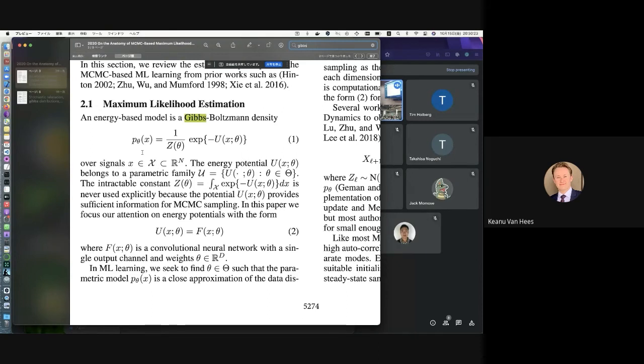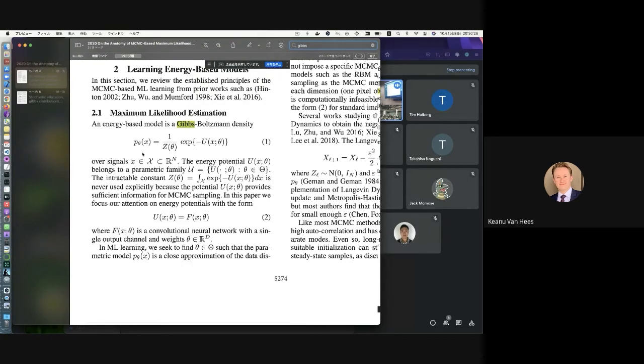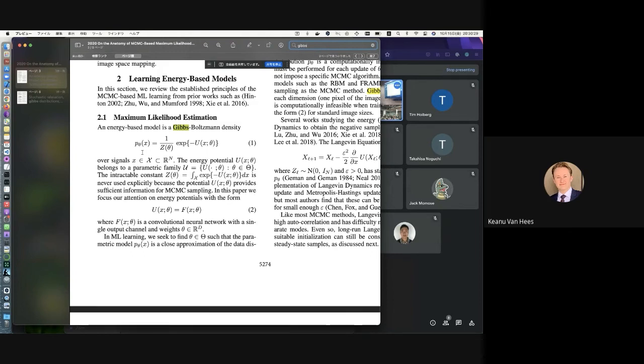The Gibbs-Boltzmann density is where the idea comes from in the original part of the paper. Well, you need to construct a probability distribution, then you need to parameterize it. And the way they parameterize it is by following the Gibbs-Boltzmann distribution.